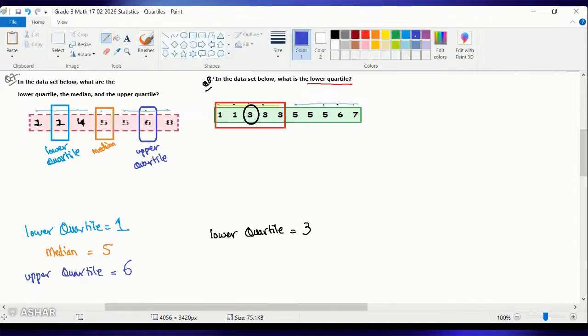And if we had to find the upper quartile, how many values were there on the upper side? There were 5 values on the right side. Which value would be the middlemost value?